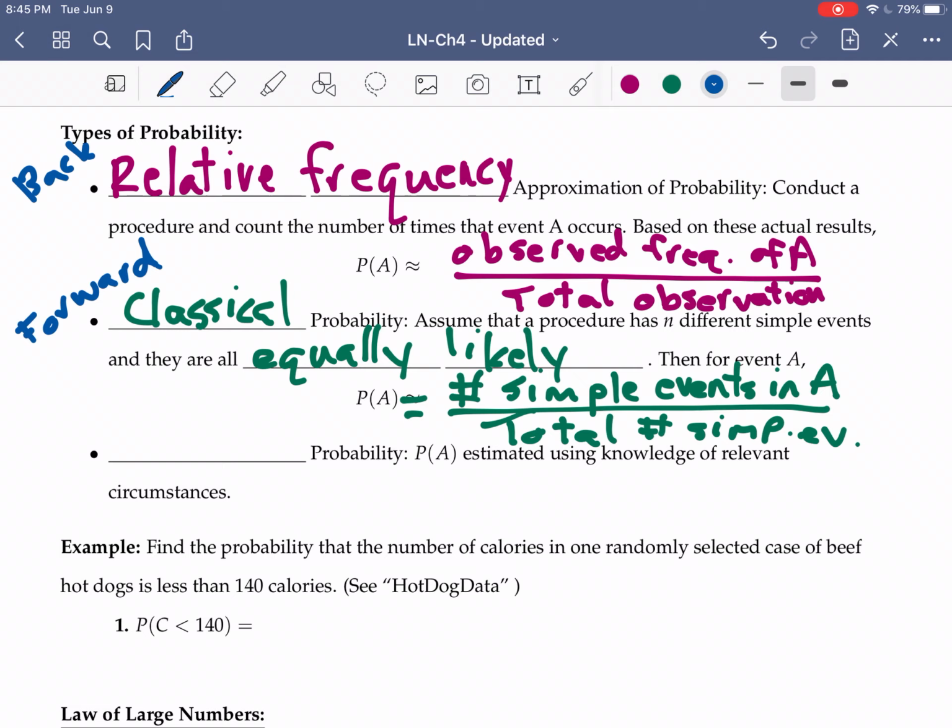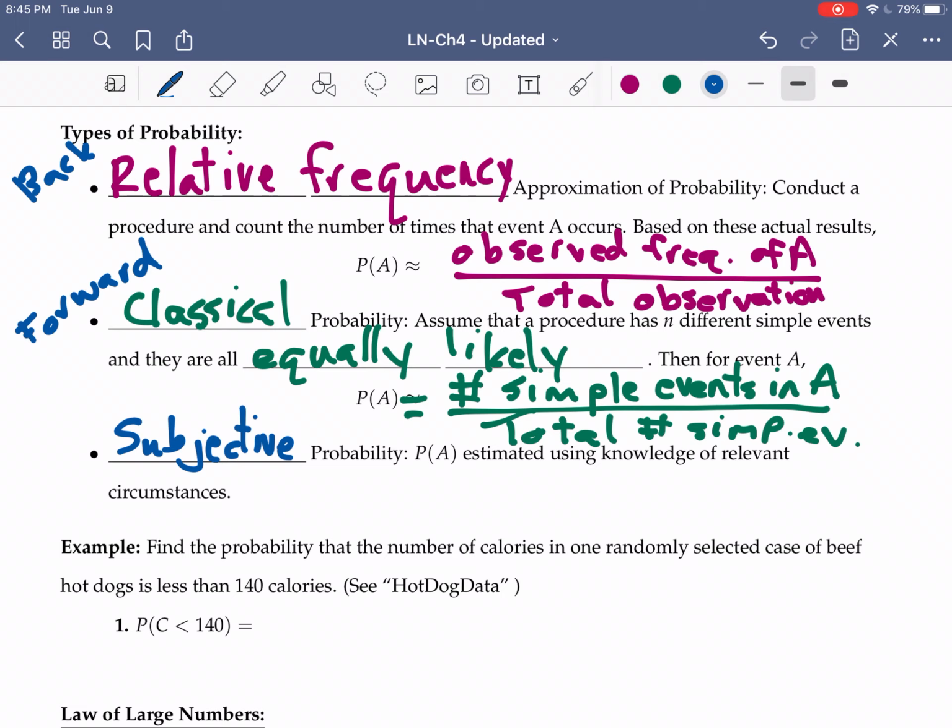The one other kind of probability that we might have is subjective probability. Here, when classical methods won't work and the situation makes it unreasonable to use relative frequency, then we can estimate these using knowledge of relevant circumstances. We can estimate the probability of an event. Right? So if you're thinking about a space shuttle launch and you want to know what's the probability of success, well, you're going to estimate that.